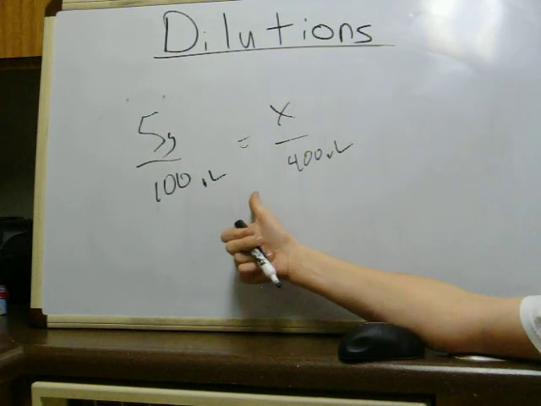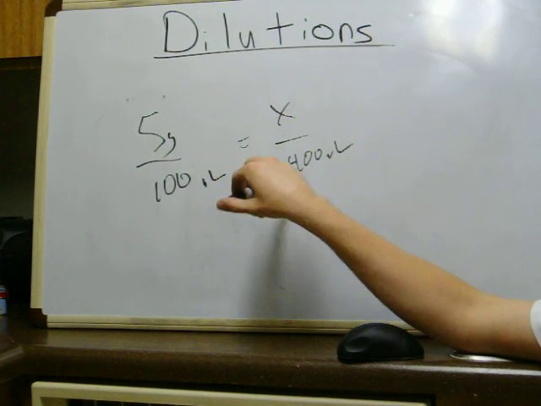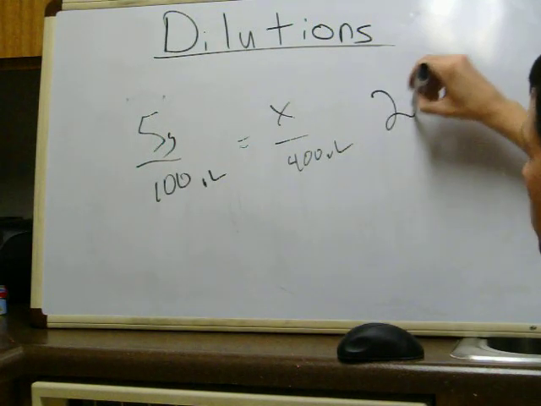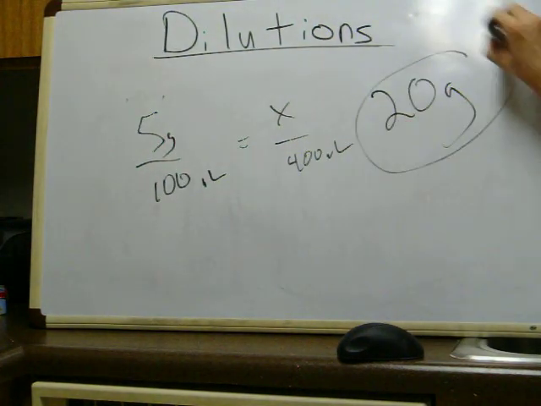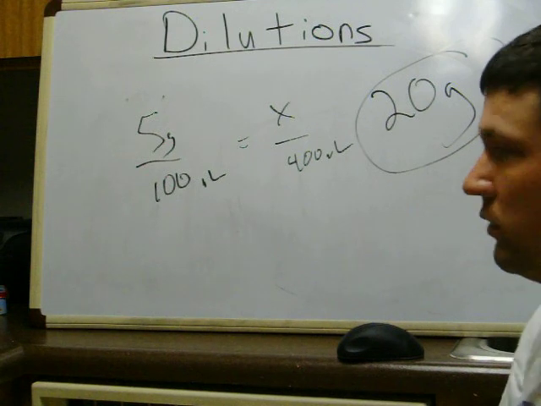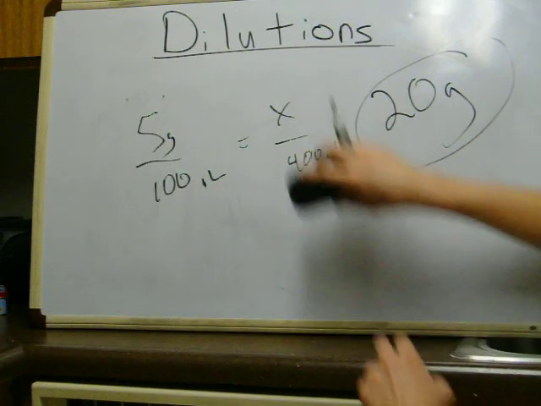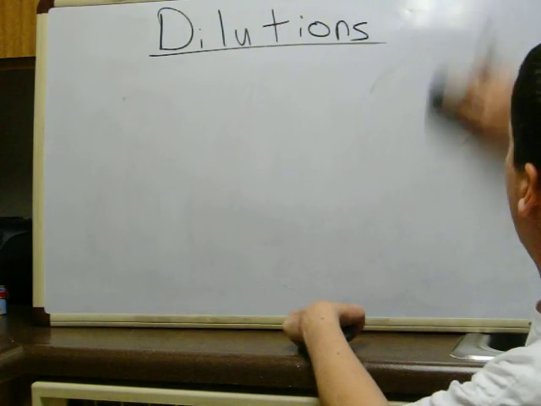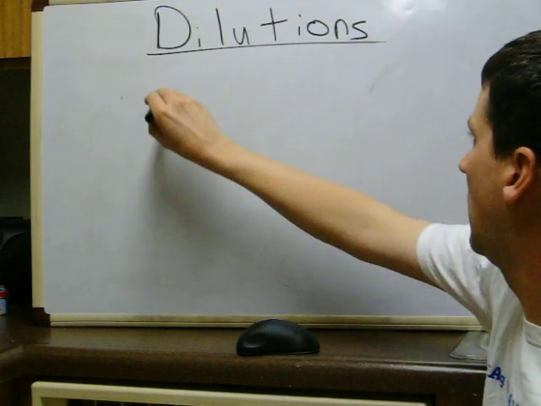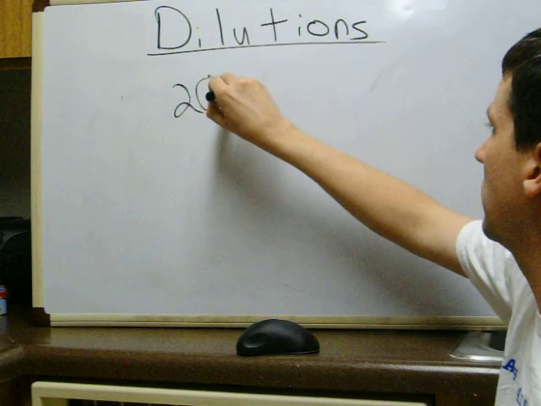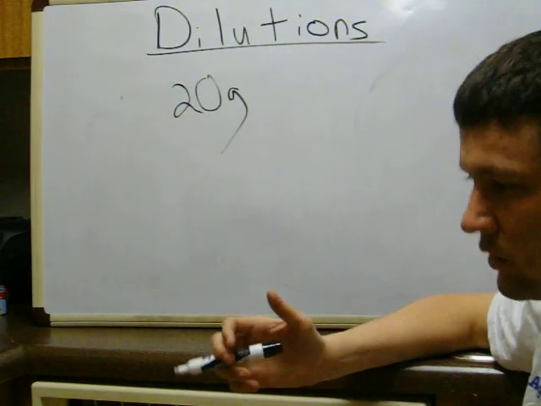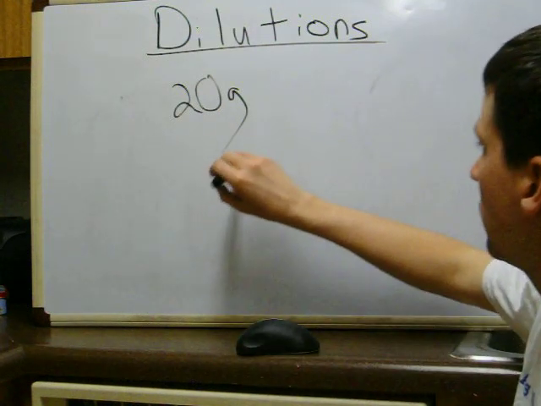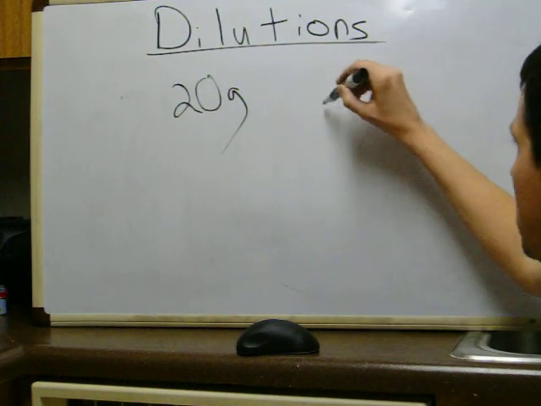Okay, from here we can figure out that before this is 4 times as much, so we have 20 grams of stuff. I won't go through the steps of how to get that. Alright, so we have 20 grams in our little bottle, and before we had a 20% solution.